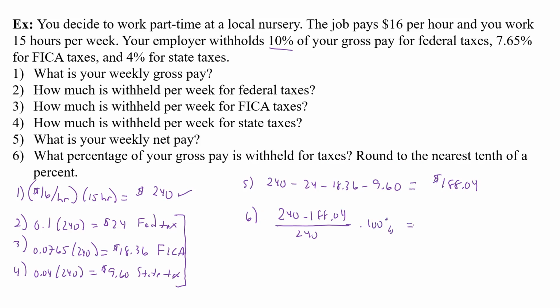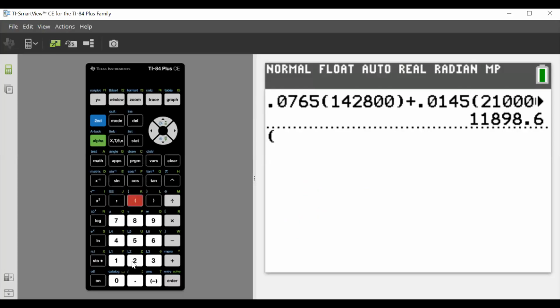So we'll have parentheses, 240 minus 188.04, divided by 240, times 100%.